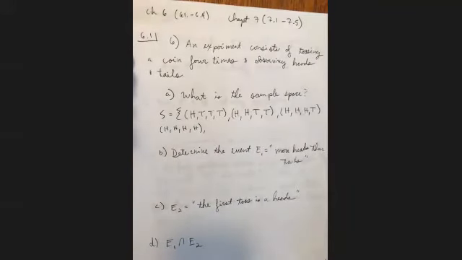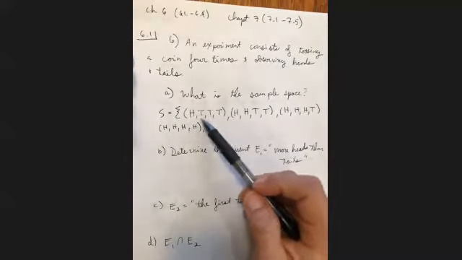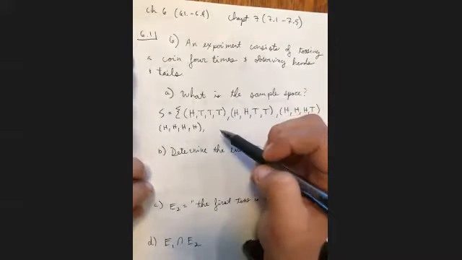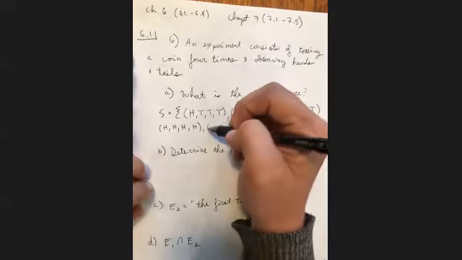We should know that there's 16 in total, because there are 2 options per toss, and there are 4 tosses. So that's 2 to the 4th power, which is 16. So we've listed 4 of the possibilities. We could play the same game and say, what happens if we start with the tails?